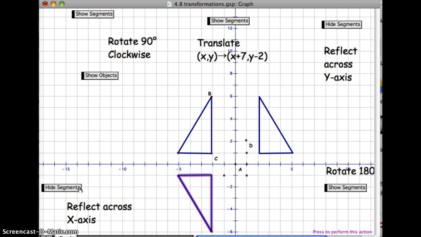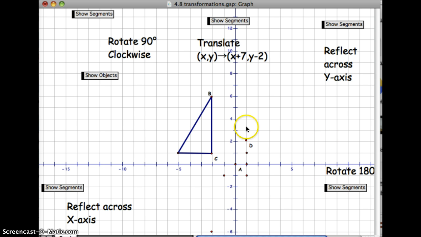My y values all become opposite. Okay, pretty easy. And then if I want to rotate 180 degrees, I'm going to go 90 to here and 180 to here. My feet are going to be on my head. My head is going to be on my feet. See that? Pretty simple. Everything flipped upside down because everything was the opposite.